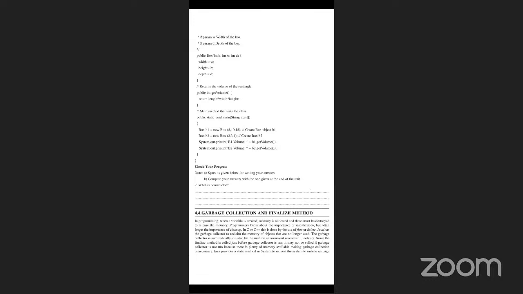That means for a class you have taken one object, but you are not using that object properly. So what do we have to do? We need to deallocate the memory which has been allocated for that object. How can I reuse it? Not deallocate, reuse that memory, that is what garbage collection is. So the garbage collector is automatically initiated at the runtime environment.